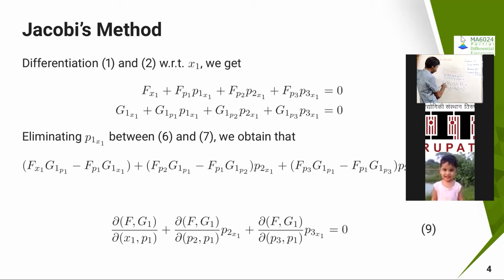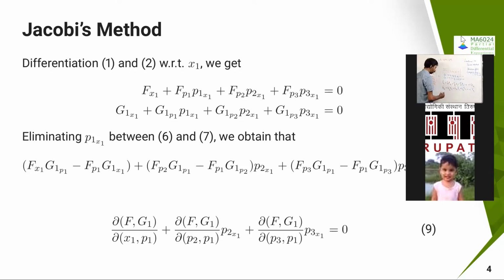So this one I got to eliminate. Therefore, this one I got to multiply by g1 p1, and this one I'm going to multiply by fp1, and then subtract it. Then automatically this term is going to cancel.